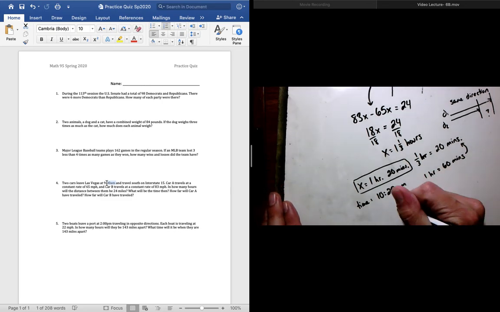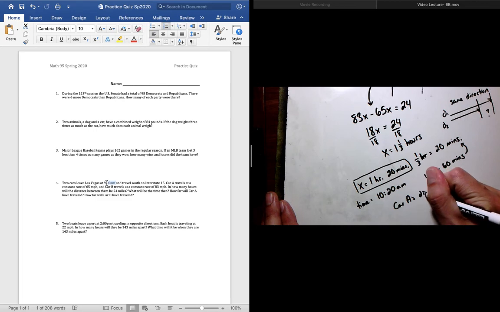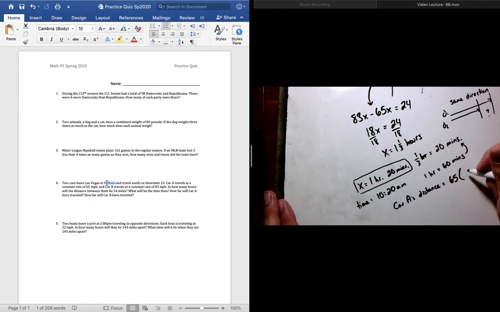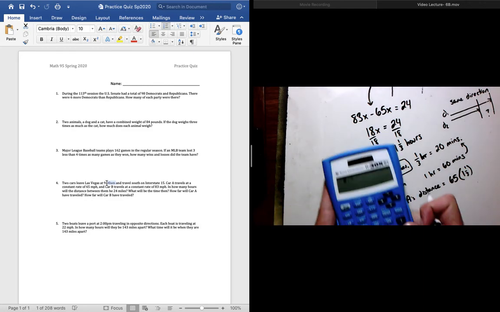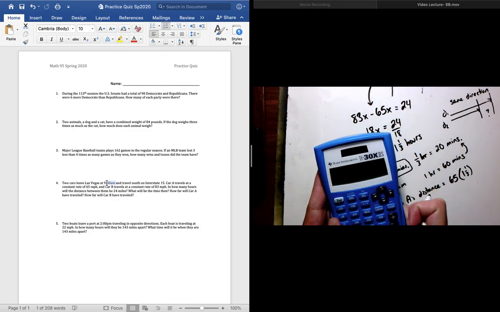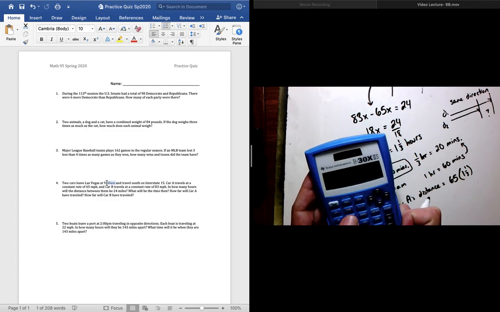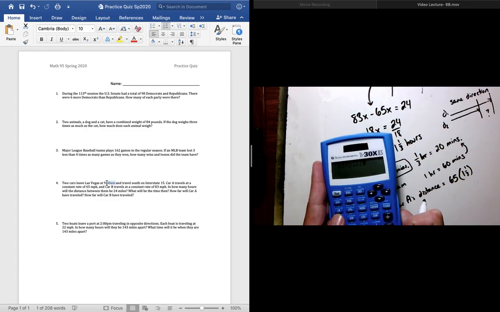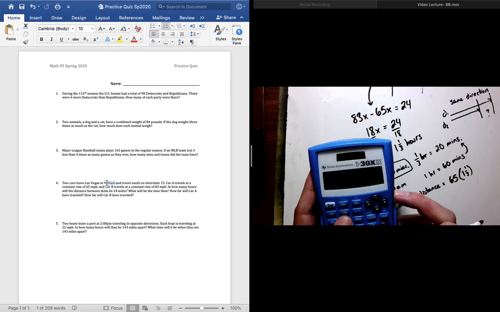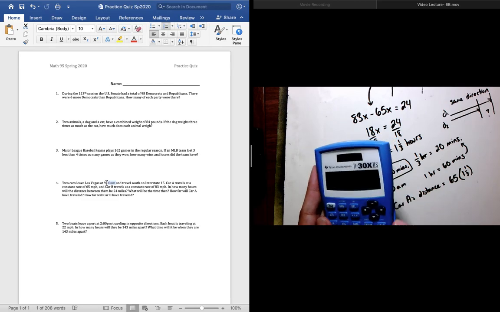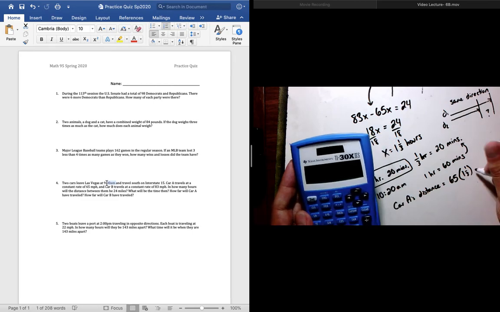So just to wrap it up, car A's distance is going to be 65 times 1 1/3. And we can see 65 times 1 1/3 is 86 2/3 miles.